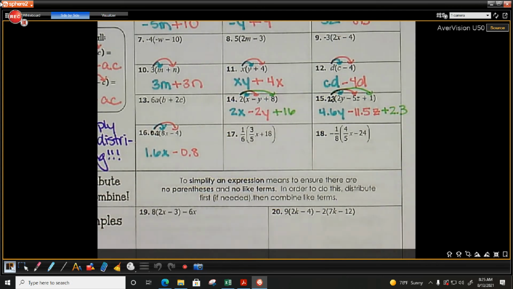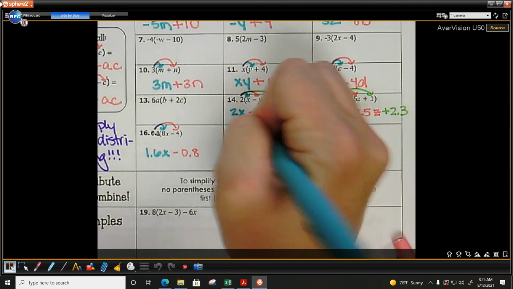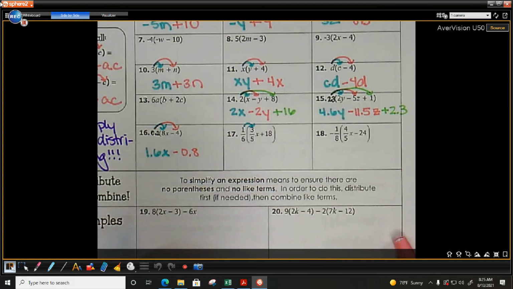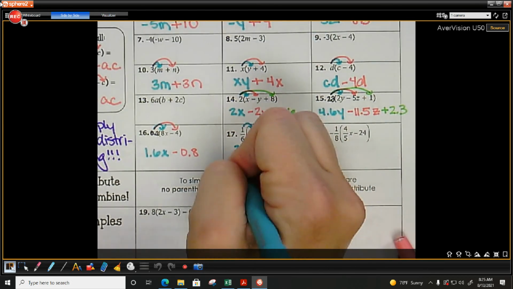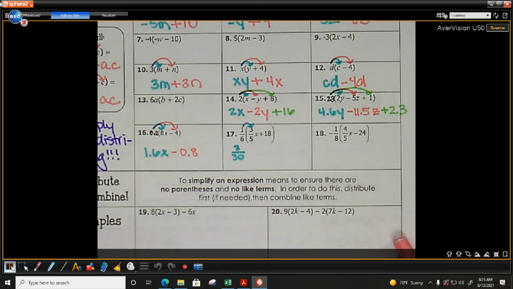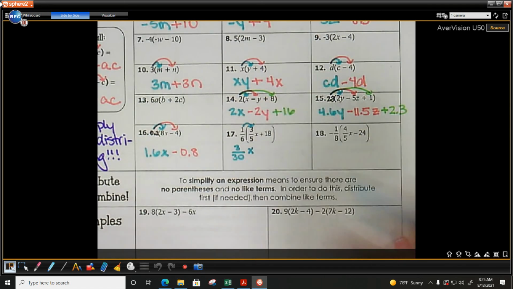So I distribute my 1/6 to my 3/5. 1 times 3 is? 6 times 5 is? 30. And we have an x. Okay? When you have a whole number, what's the denominator? 1. So I'm going to put my 18 over 1 to help me. So 1 times 18 is?